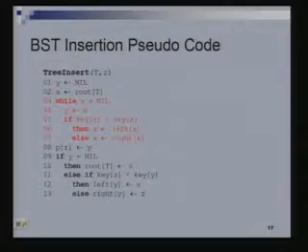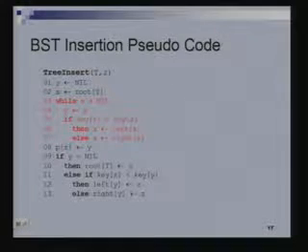We'll have 2 pointers x and y, such that now the game is that y will be preceding x. So these 2 pointers will keep moving down, right? Such that y will always be the parent of x. Right. So that's what we are doing.